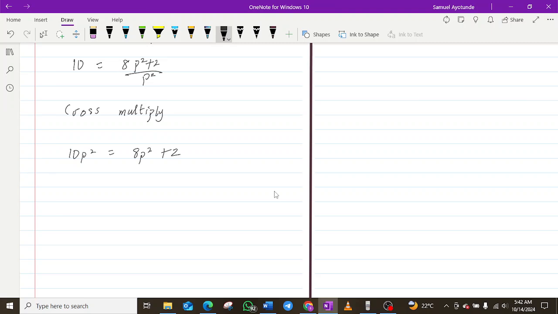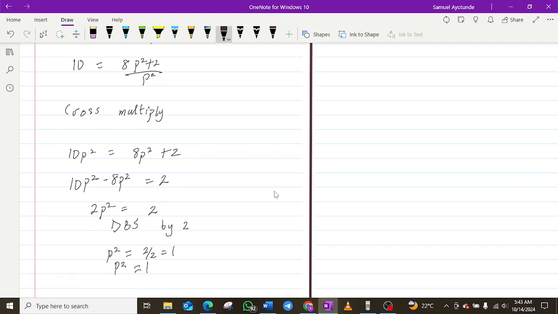Collect like terms, we have 10p squared minus 8p squared is equal to 2. That will be 2p squared equals 2. So if we divide both sides by 2, we have p squared is equal to 2 over 2, which is 1. So p squared is equal to 1.